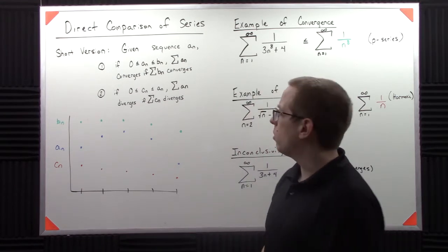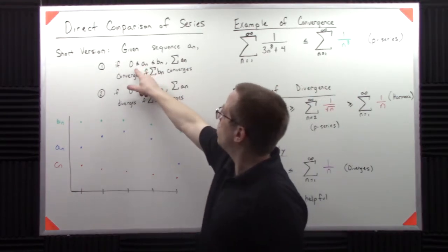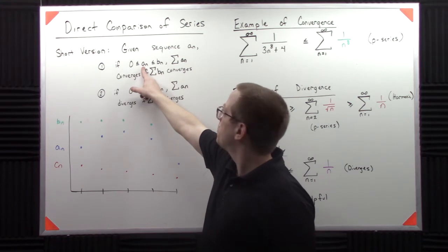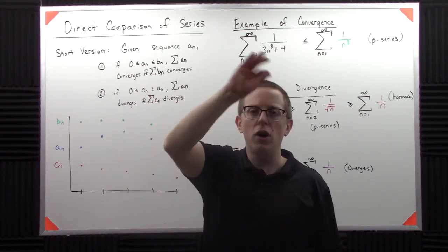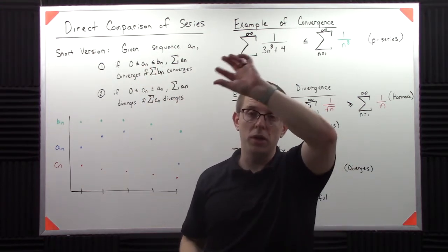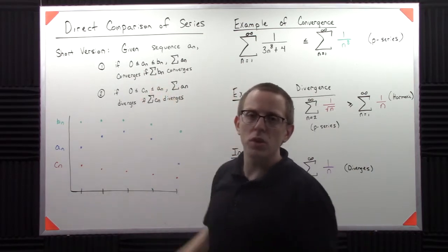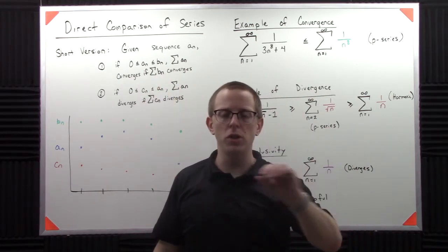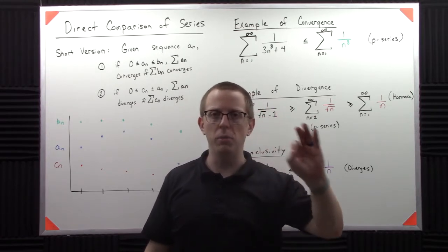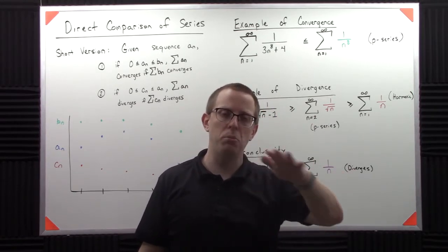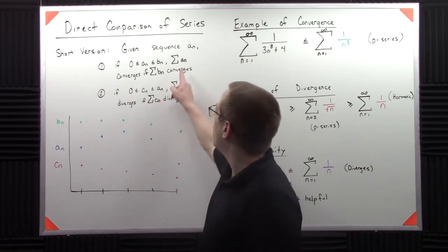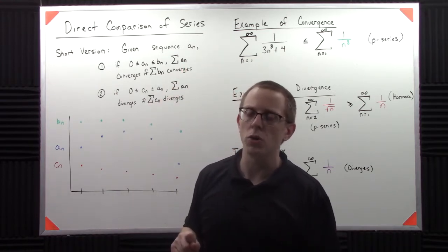So the short version is this: if I've got a positive sequence, and I can put another, usually simpler, sequence above it, and I know that the simpler series converges, so if I sum up the elements of that sequence, then I know that my complicated series also converges.